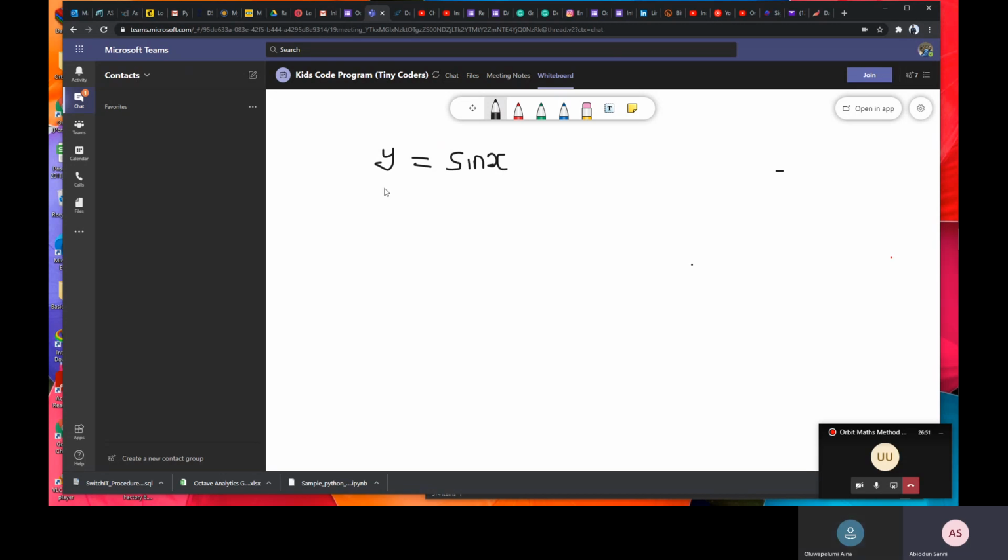Now you agree with me that y prime, which is the first derivative, is cos x. Then the second derivative is going to be, it's not y squared, it just means second derivative. So I hope you understand.